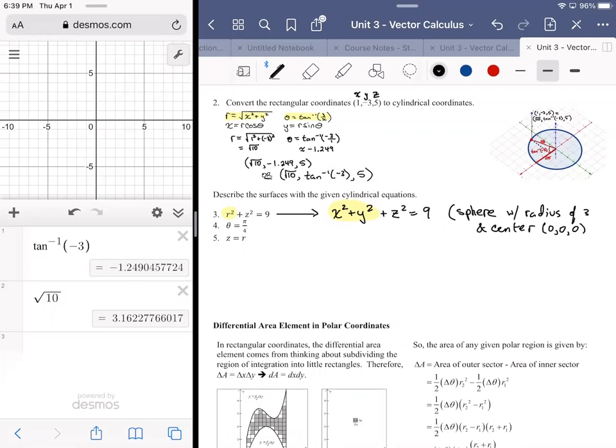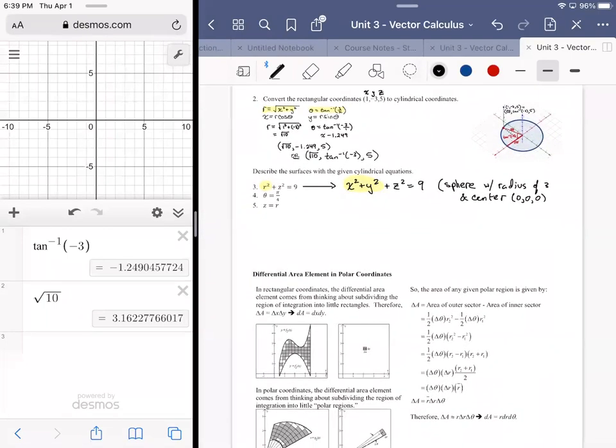So that's actually not too bad. Quick substitution gets you a pretty good understanding of what's going on. However, if you solve this for z in terms of r squared, just to play this out, you would have z squared is equal to 9 minus r squared.